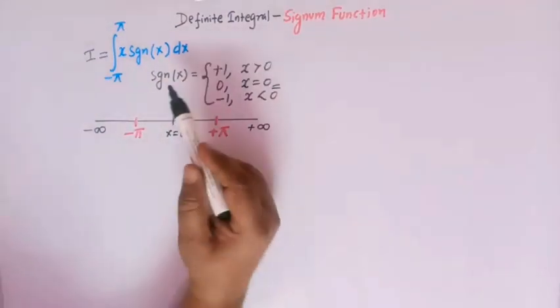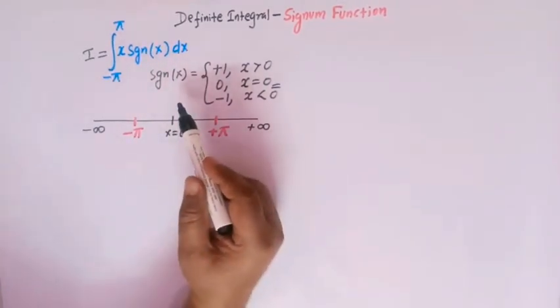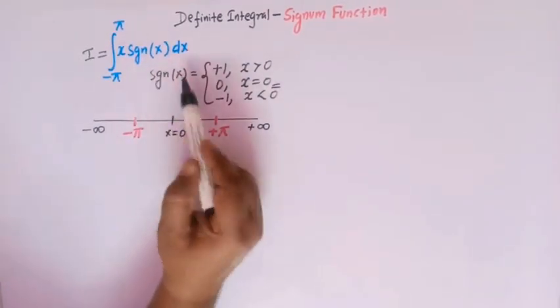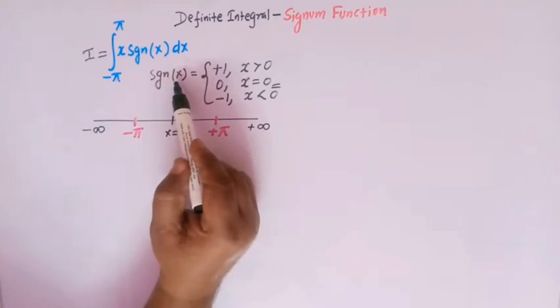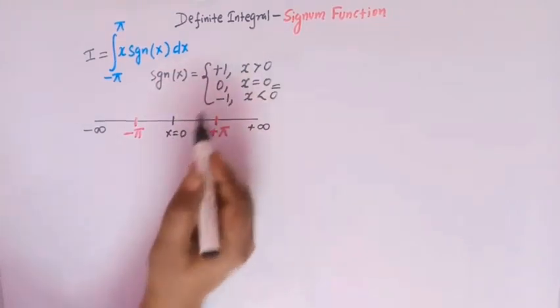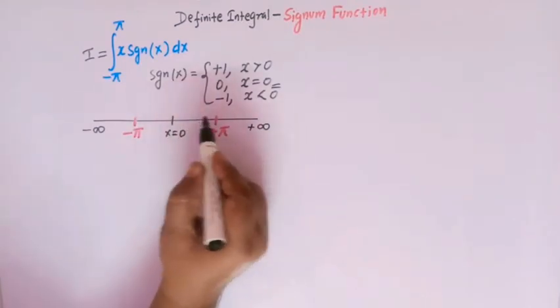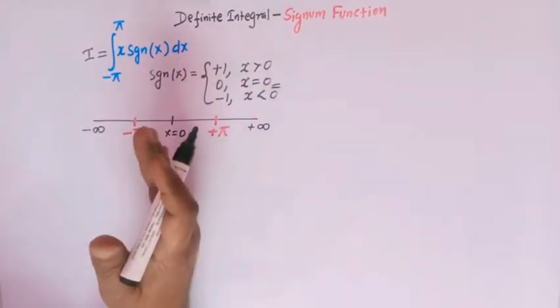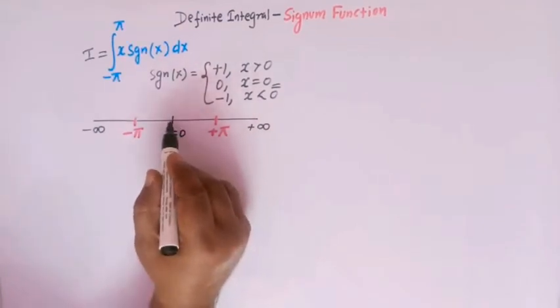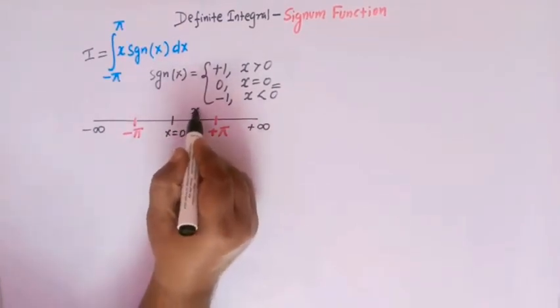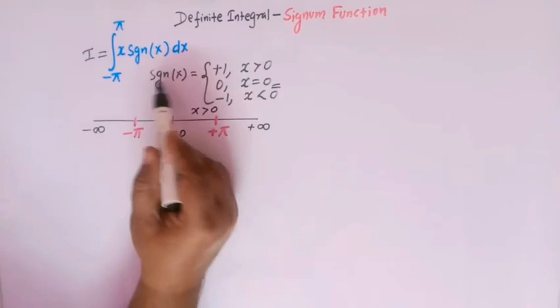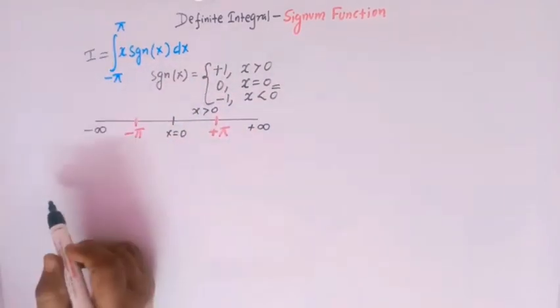Now if we closely examine the definition of signum of x, we see that whenever x is greater than 0, it means whenever we go towards the right of x equal to 0, signum of x takes the value plus 1.